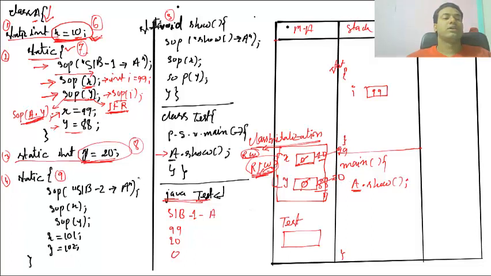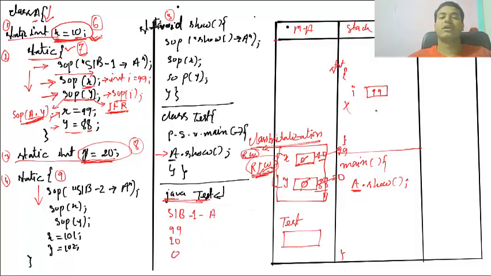That is step number 9, and step number 9 again flows in top to bottom approach. This block also executes in top to bottom approach. And once this block execution is over at step number 7, y is initialized with 88. At that time control comes to the next, y should be initialized with 20. When control comes out from the static block to y and y is initialized with 20, at that time immediately these blocks get destroyed.